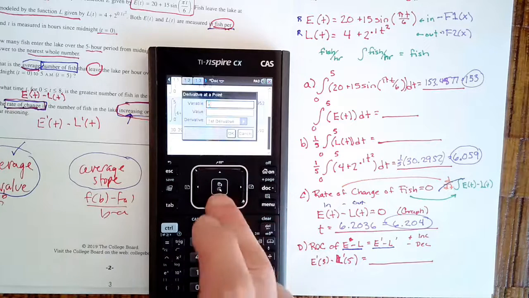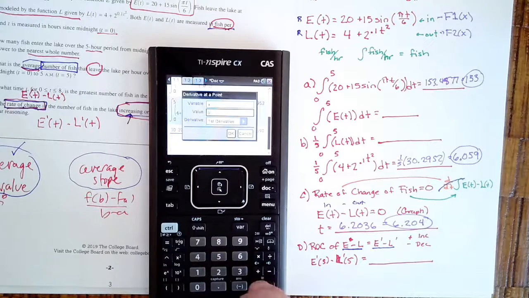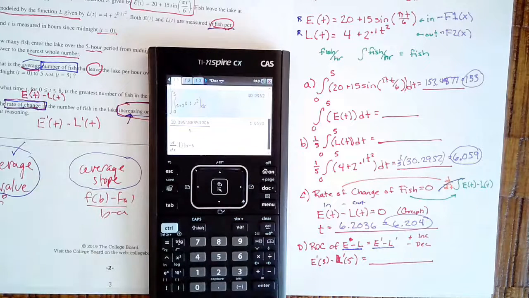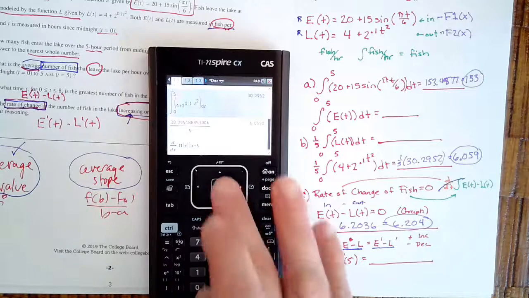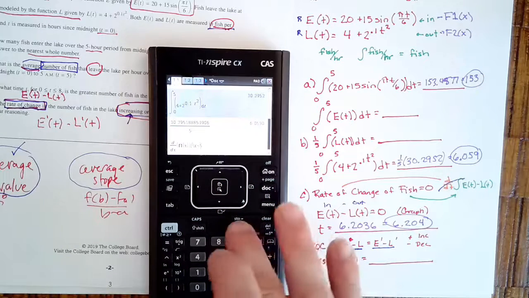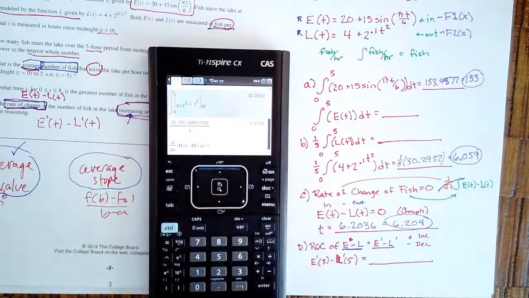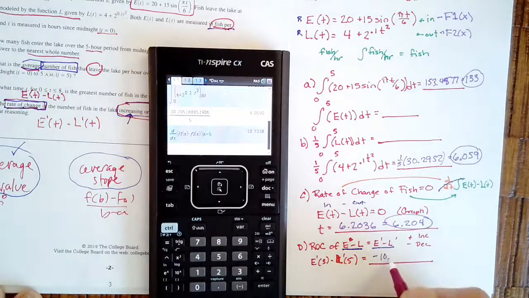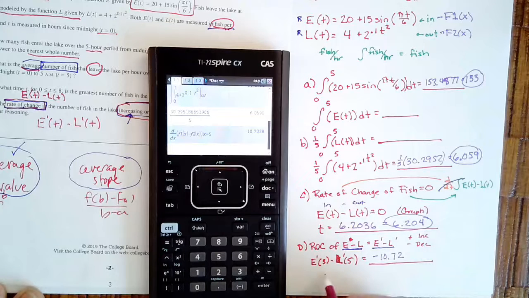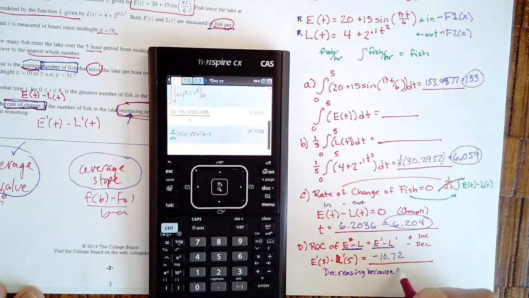And I can go the derivative of f1 of x minus var f2 of x. Hit enter, and I got an answer of negative 10.72. So this function is decreasing because E prime minus L prime at t equals 5 is negative.